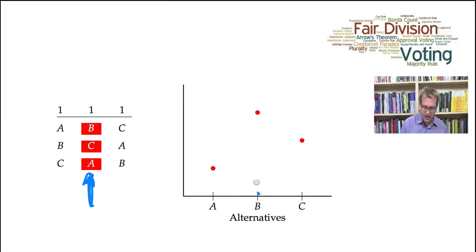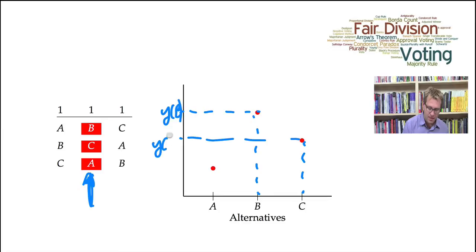We can assign some value to the candidate B, some value to the candidate C, and some value to the candidate A. And all that we require is that the value we assign to B is greater than the value we assign to C, which is greater than the value we assign to A. So the ordering of the values that we assign to the candidates has to match the strict preference ordering of this voter.